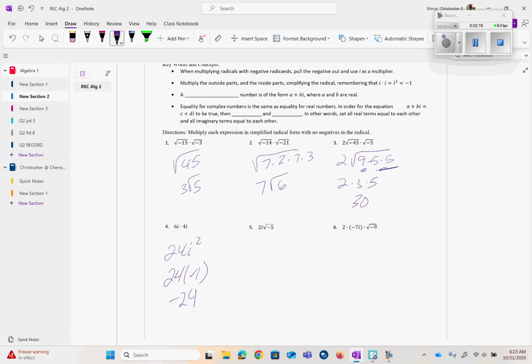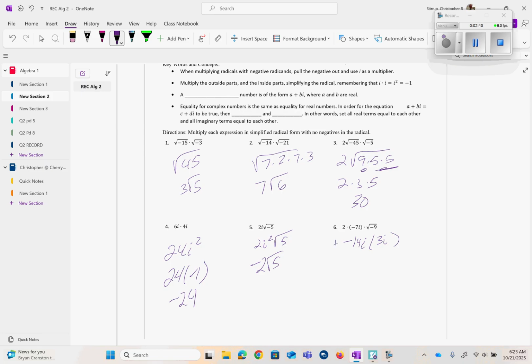This one, I'm going to bring an i outside, so I get 2i squared outside because of the original one. i squared is -1, so 2 times -1 is -2, so I get -2 root 5. Number 6, we get -14i, and then I get 3i.